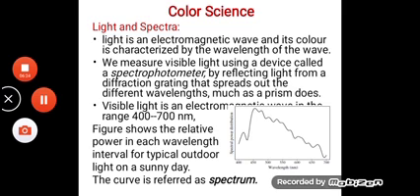So light is an electromagnetic wave, and its color is characterized by the wavelength of the wave. Basically, when we talk about the visible spectrum, it will have certain wavelengths.